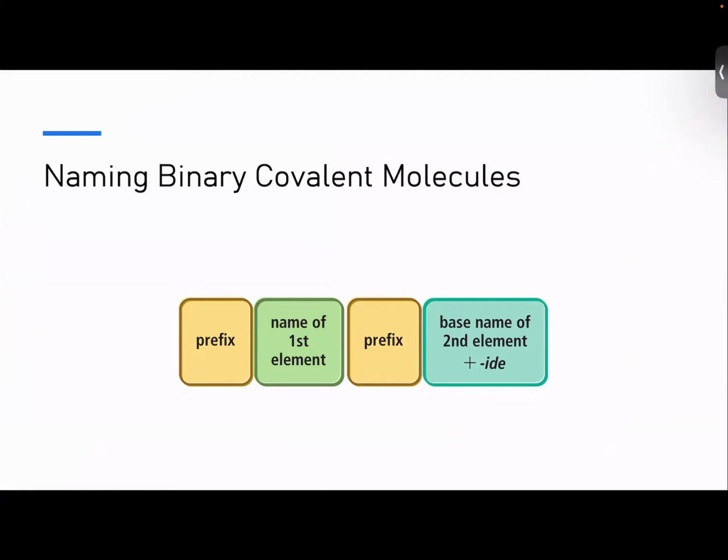What does that tell me with respect to the type of elements that are involved? It's two nonmetals or a nonmetal and metalloid. In other words, we're dealing with the right-hand side of the periodic table only.